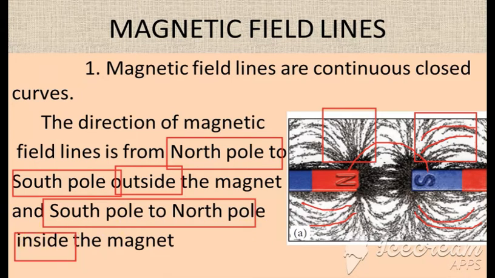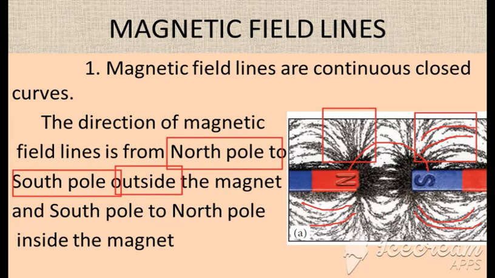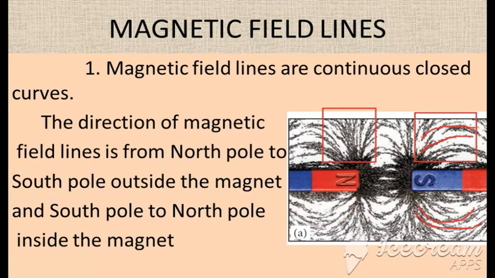So inside the magnet, it moves from south pole to north pole. Okay, so these are the first properties. So magnetic field lines are continuous closed curves, and the direction is from north pole to south pole outside the magnet, and south pole to north pole inside the magnet.